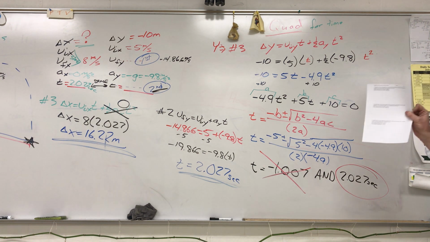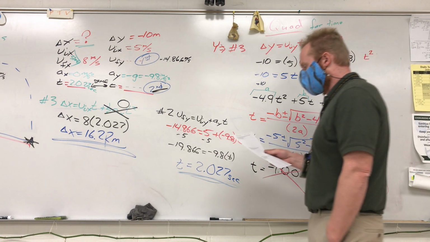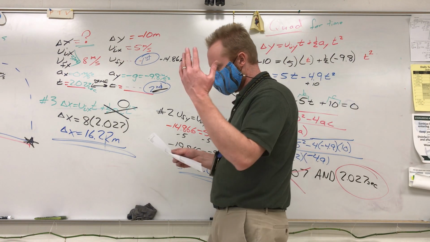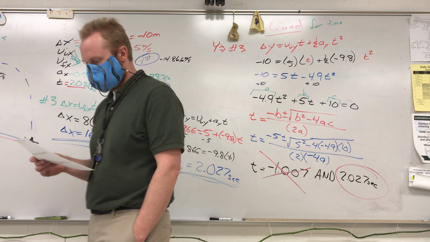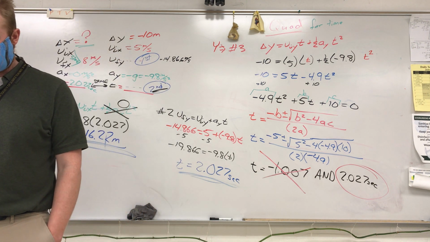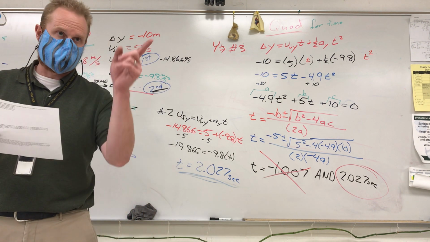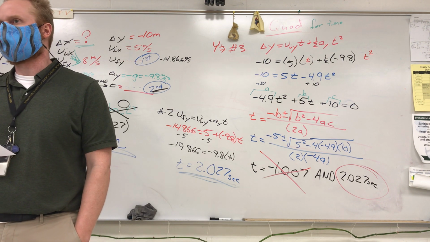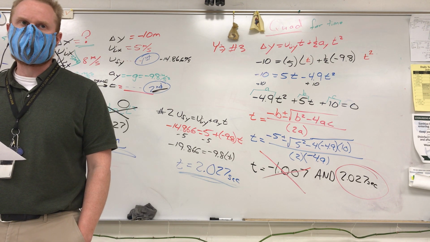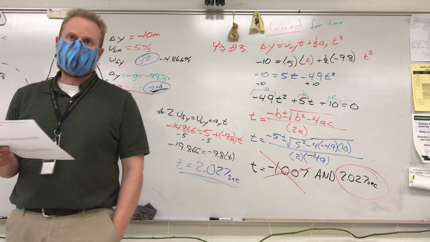Problem number 1 and problem number 2 on this worksheet: an arrow is shot at some angle, such as 30 degrees above the ground. And number 2, an arrow is shot at some angle above the ground, and it tells you 60 degrees.